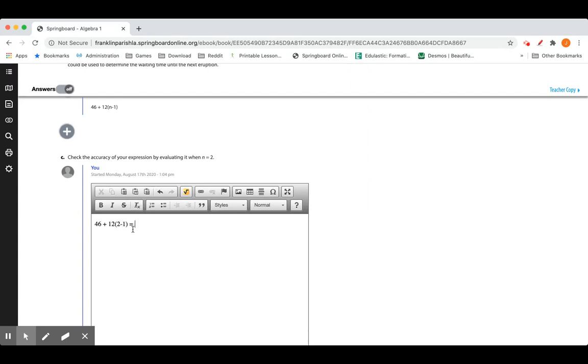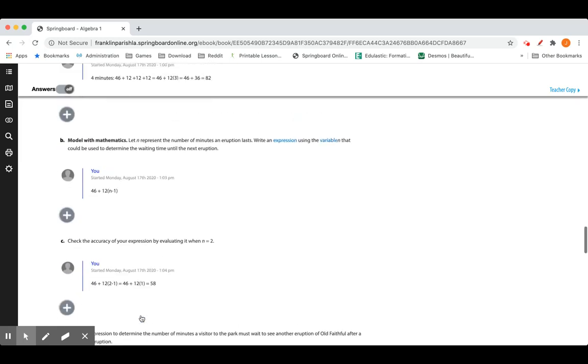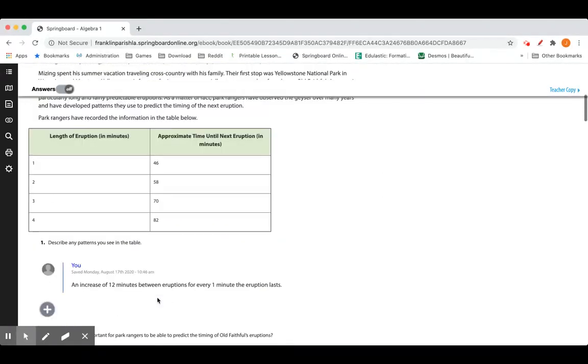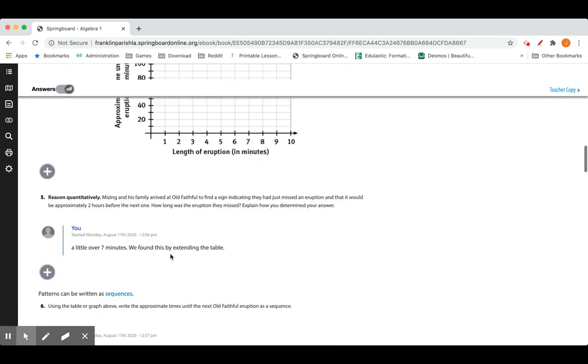Okay, that's 46 plus 12 times 1. 46 plus 12, and that would be 58. Checking that the second one was 58 in our chart. The second one was 58. Very good. We got it right.